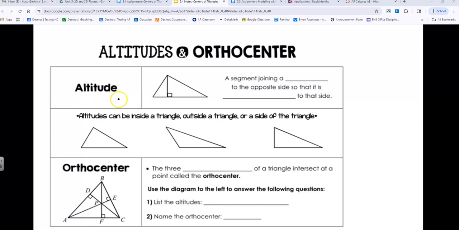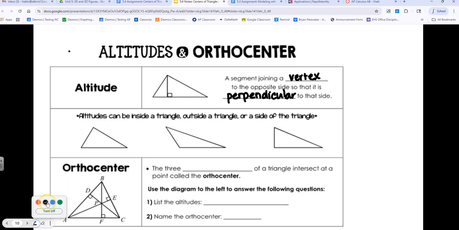The altitude is the segment joining a vertex to the opposite side so that it is perpendicular to that side.